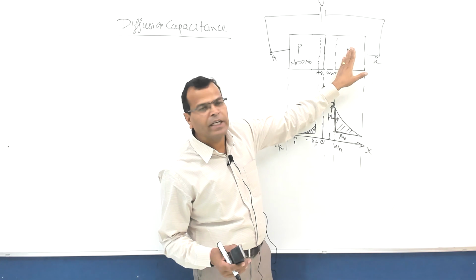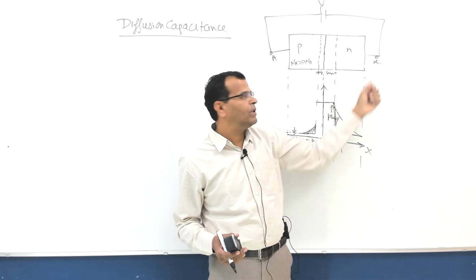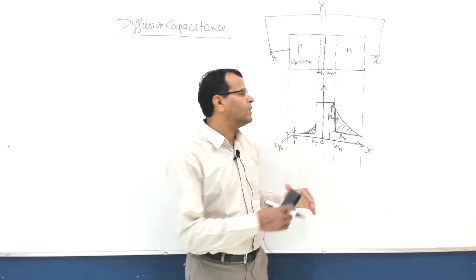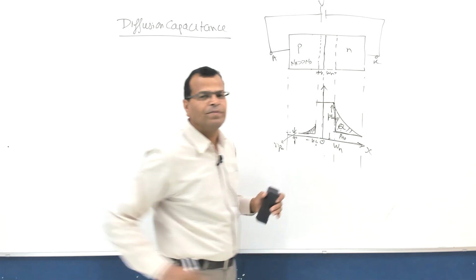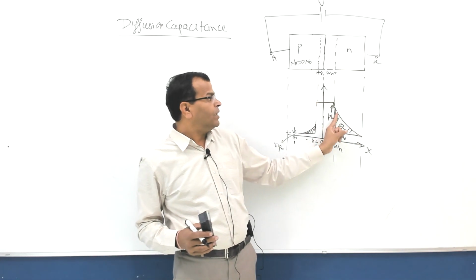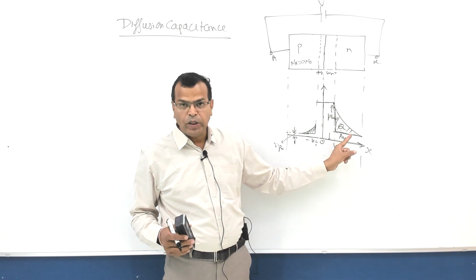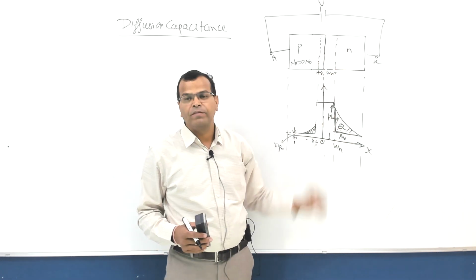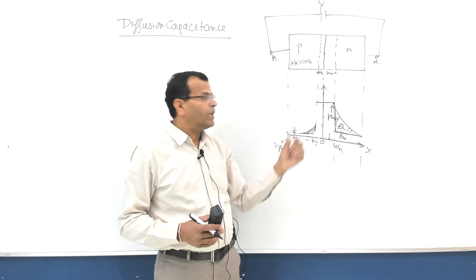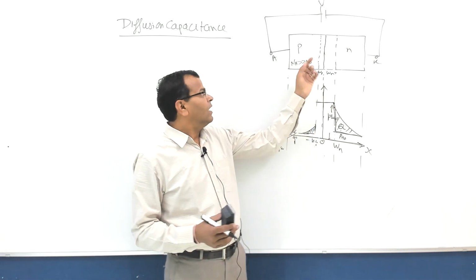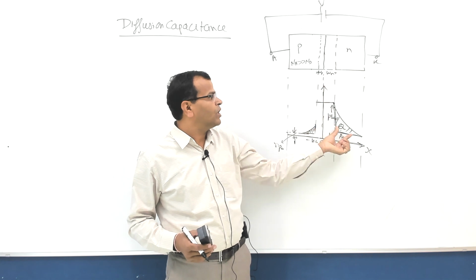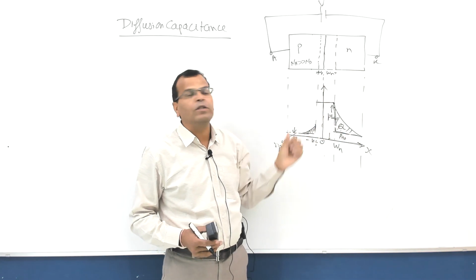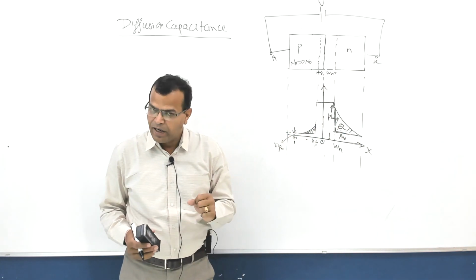Continuously holes are being injected from this side and electrons are coming from this side, so there is recombination taking place, and this is the excess charge which appears to be continuously stored near the junction on this side. Since I am assuming this is heavily doped and this is lightly doped, most of the charge is stored here. This charge is small. Clear?